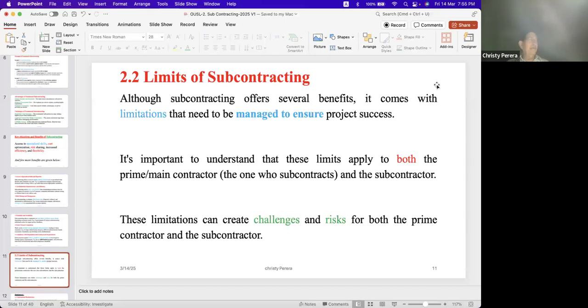But normally, say, to put up a building, the normal percentage is 10 to 20%. Maximum you can go for subcontracting. More than that, the prime contractor can't give subcontracting.